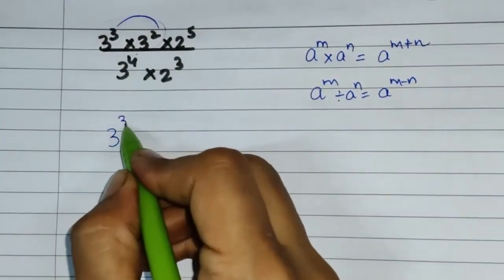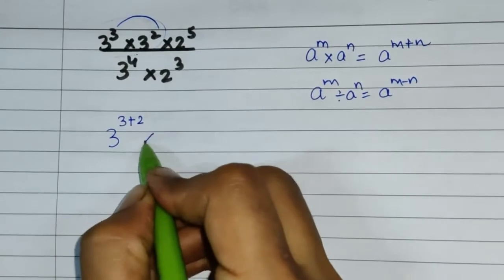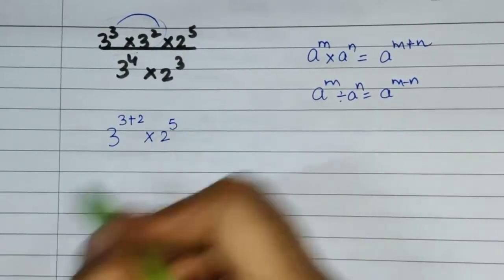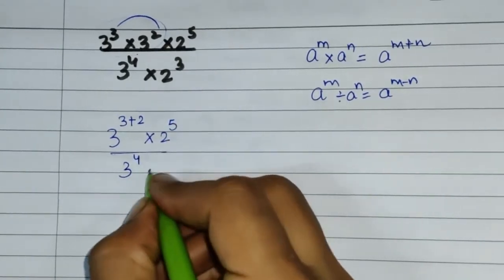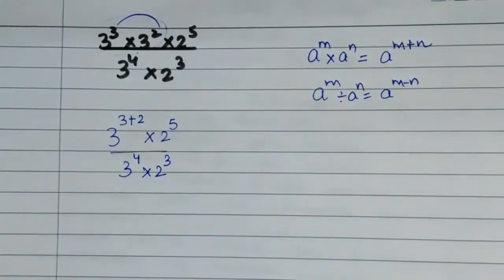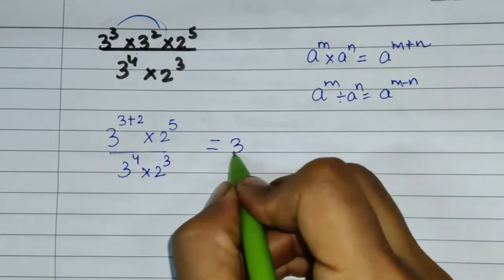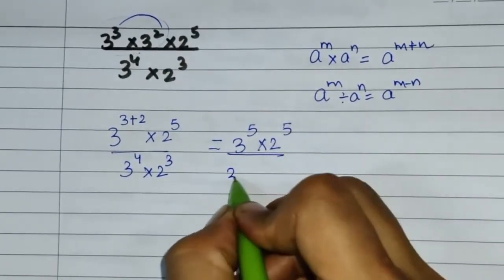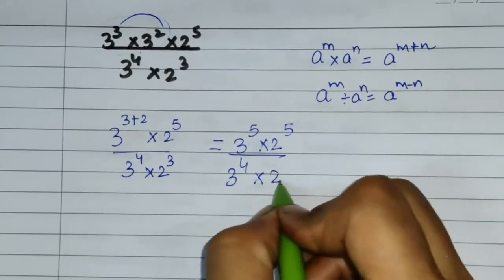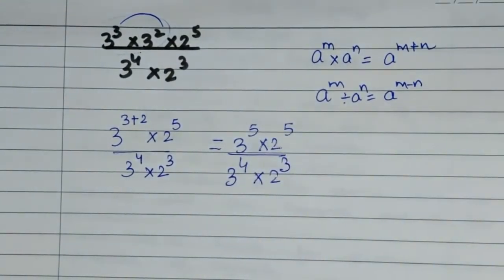What we get? 3 plus 2. This will remain same upon 3 raised to power 4 into 2 raised to power 3. So we get 3 raised to power 5 into 2 raised to power 5, upon 3 raised to power 4 into 2 raised to power 3.